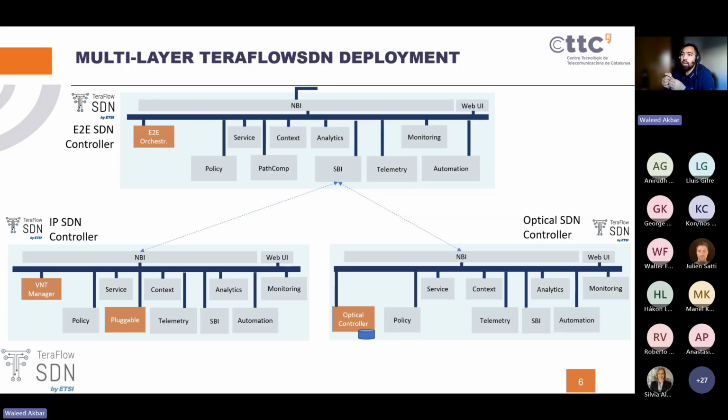Some of the components that were newly built for this demonstration are the end-to-end orchestrator, the VNT manager, that is the virtual network topology manager, from the IP SDN, and the pluggable components also for the IP SDN. And then in the optical SDN controller, we already have a component named OpticalController. We enhanced its capabilities for this specific demonstration.